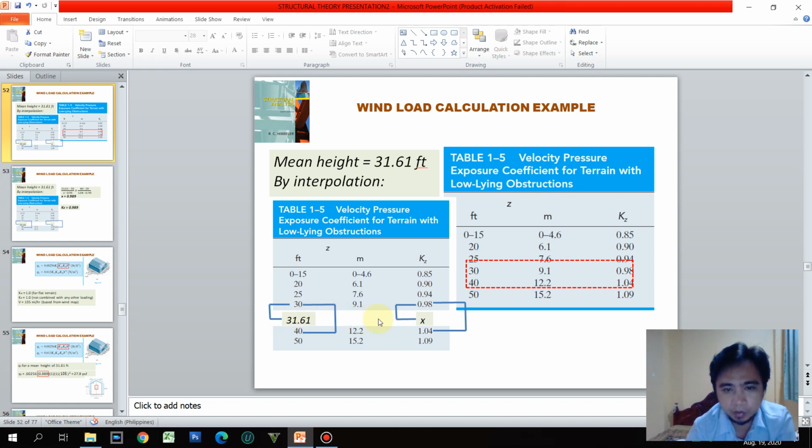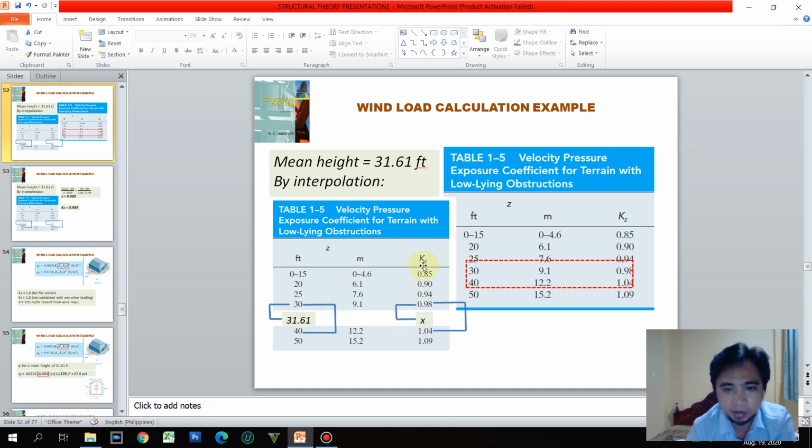So we're going to have a line there, and then 30, the lower limit, is paired to the upper limit, and then the lower limit to the value we want to interpolate, 31.61.